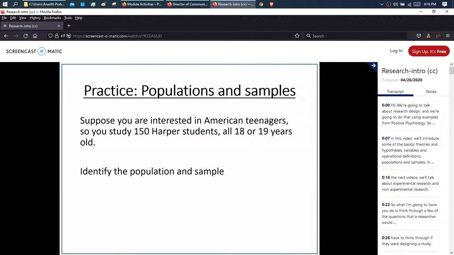The sample is 150 Harper students, and there's certain limitations you just need to be aware of. It's a perfectly fine sample, but Harper students are all somewhere in the Chicago region. In this case, we're talking about 18 and 19-year-olds, but teenagers actually includes 13 through 19. So this is sort of a narrow segment in terms of that age, and so forth.